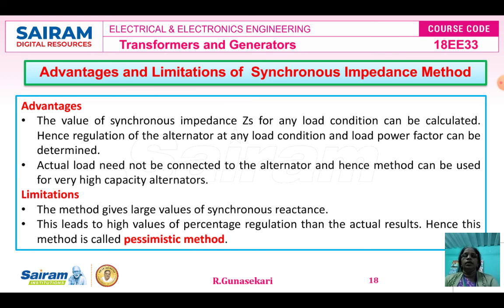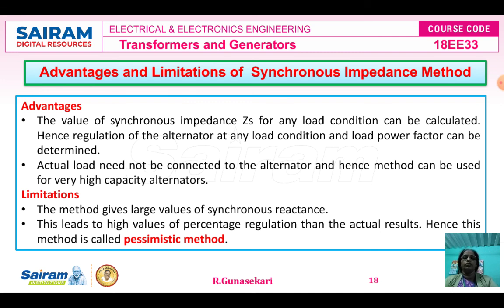Limitations. This method gives large values of synchronous reactance Xs. This is the disadvantage. Because reactance is increasing, the drop also increases, finally the efficiency reduces, and if the regulation increases, it reduces the lifetime of the machine also.